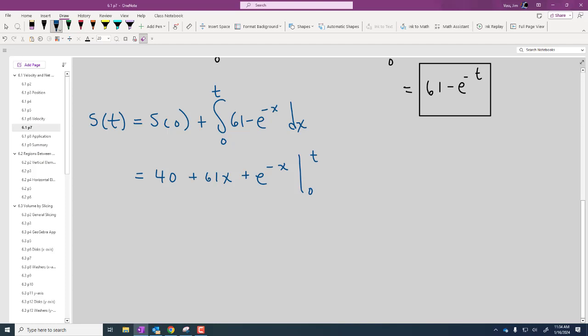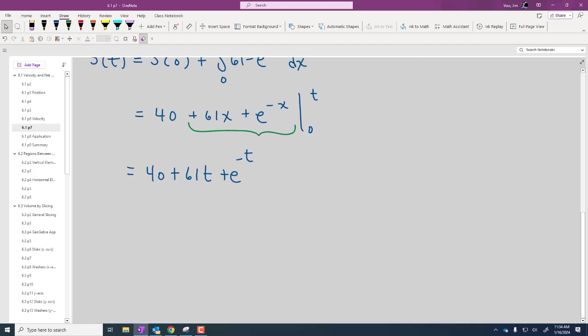Our antiderivative is this. So we're going to have 40 plus 61t plus e to the minus t. So this piece right here is the upper limit of integration substituted in.